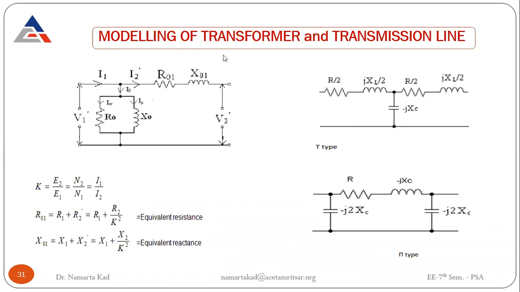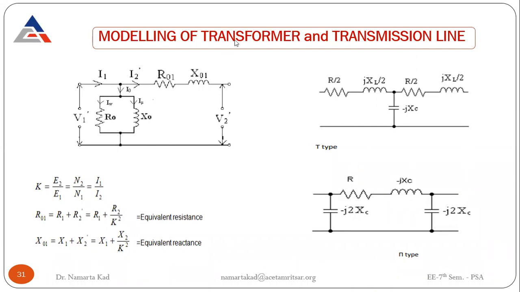And next is the modeling of the transformer and transmission line. This is the way the transformer is represented for any impedance diagram, and this is the way the transmission line is represented. But generally in the reactance diagrams we ignore these resistances and these parallel combinations.